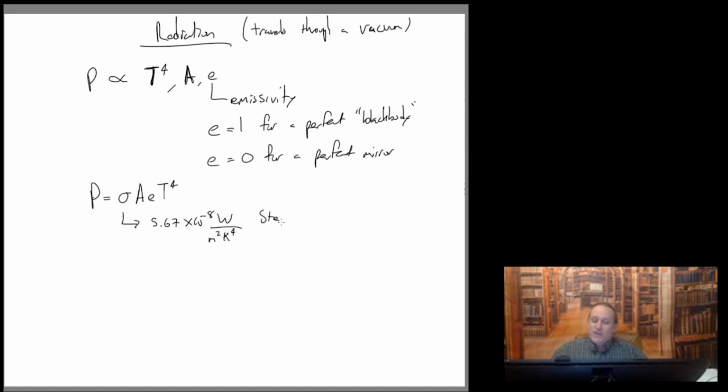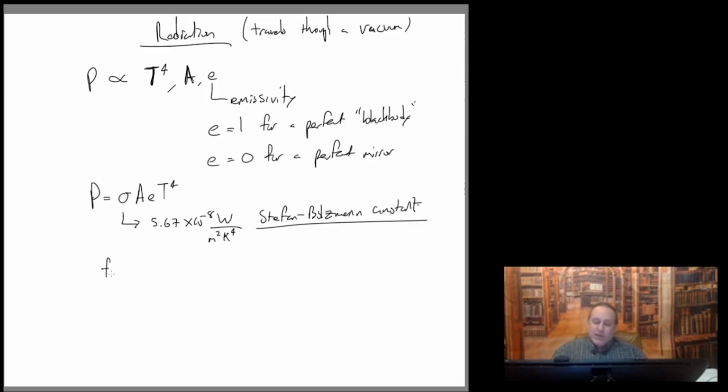It's known as the Stefan-Boltzmann constant. Boltzmann that we'll hear about in other contexts later on. Boltzmann did a lot of work in heat.